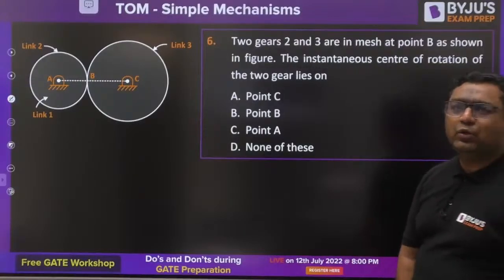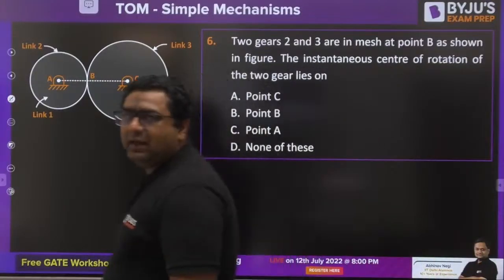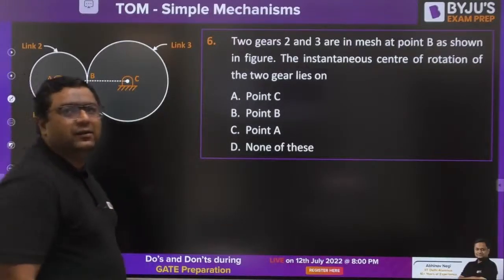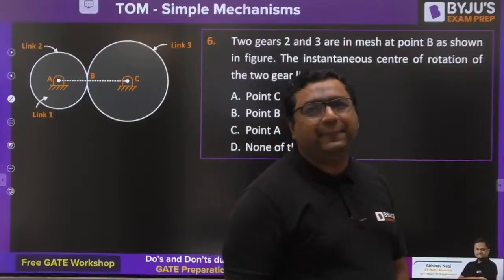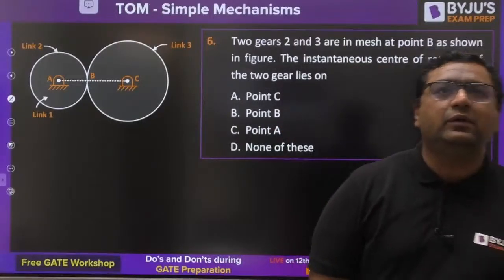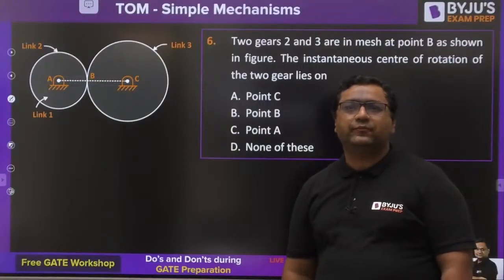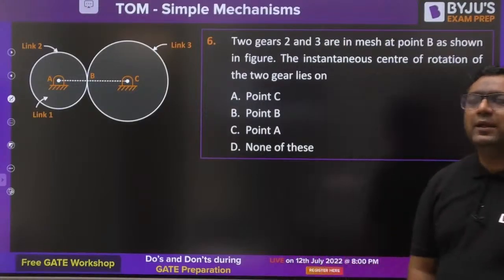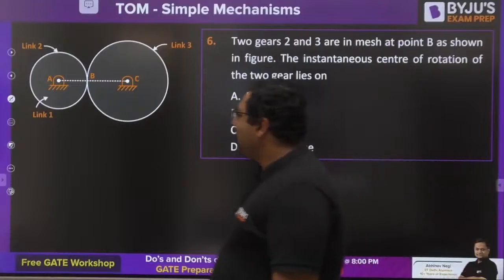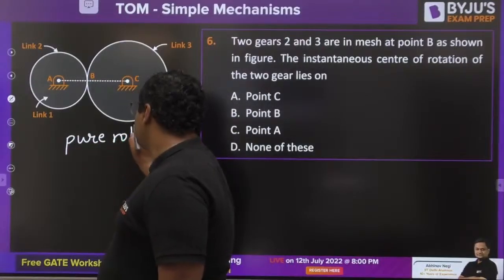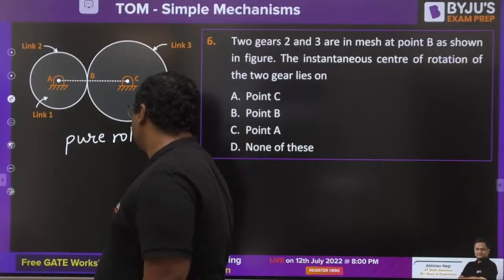So Jishnu, Piyush, Pawan and Naveen have given the answer as B. Midun is saying D. Pranjal is saying B. Dear, this is the case of pure rolling motion.